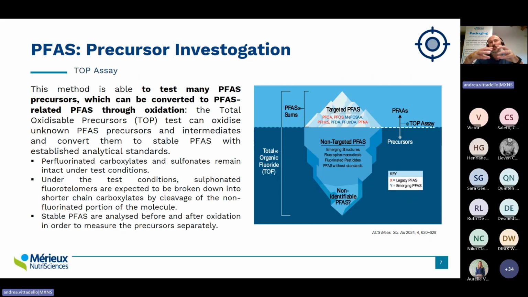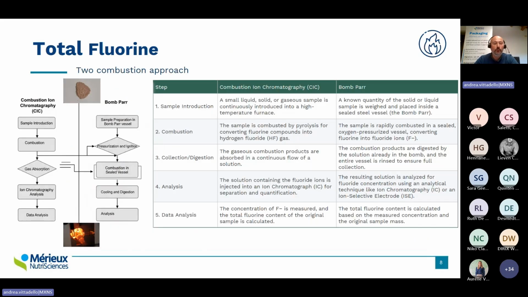And you can see the iceberg question, that what you test as single chemicals may be just a part of the potential release of PFAS, especially if you consider that the number of PFAS is 10,000 and the list of investigated target analytes may be at maximum now 100. You can get that the question of precursors is very important. Break down and investigate what happens. It's an important point for the compliance, but also from the analytical point of view.